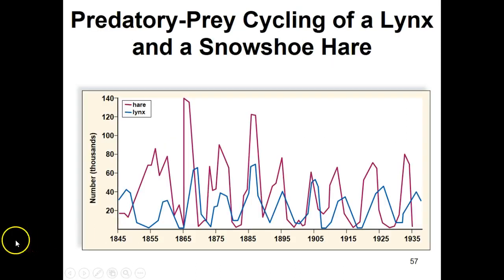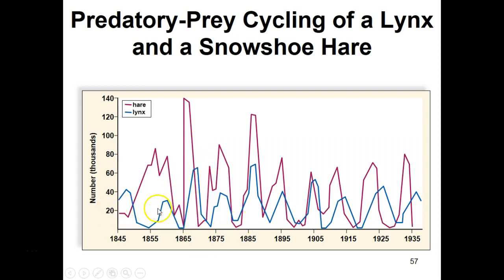And so here we see the lynx, which is a type of cat, and a hare, which is a rodent. As the hare population increases, that's going to cause the lynx population to increase. As the lynx population increases, the hare population decreases. This causes the lynx population to decrease, and it keeps going on and on like this.